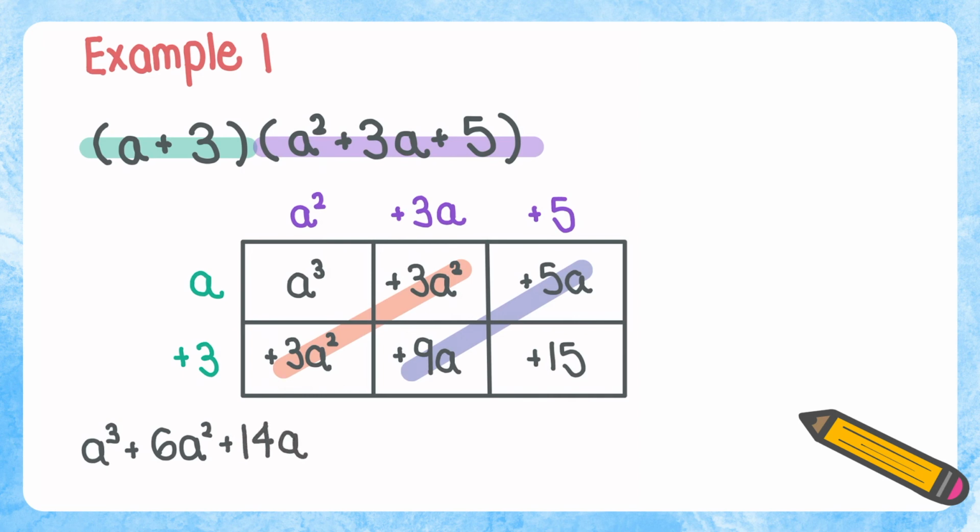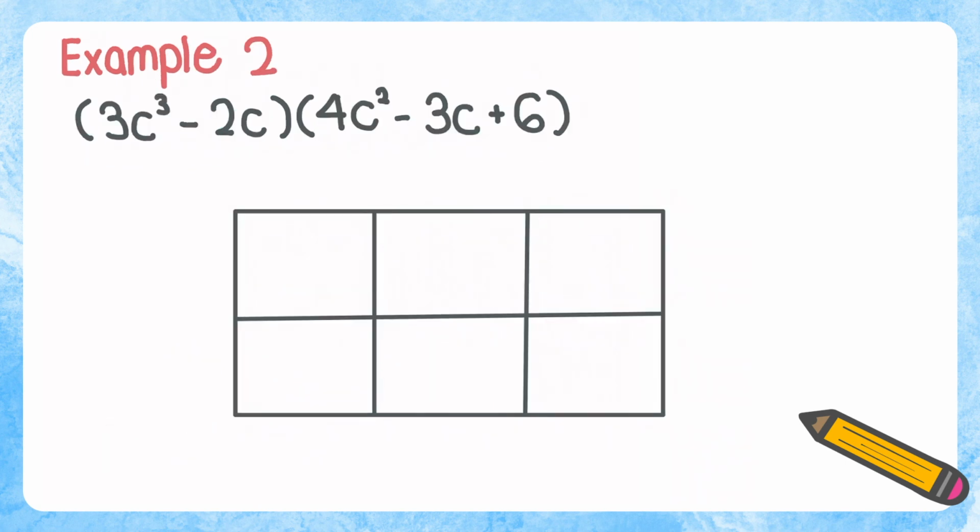Combine like terms to get plus 14a, and that plus 15 at the end. So a cubed plus 6a squared plus 14a plus 15. Again, same answer using either method. So I actually like using the area model when doing like a binomial times a trinomial.